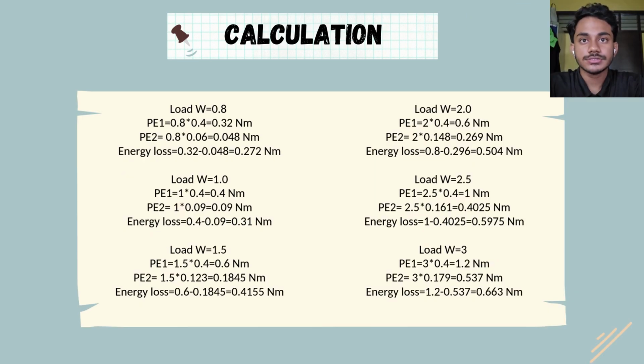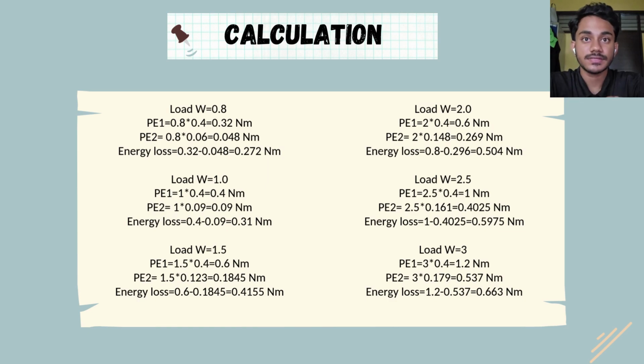For the calculation, to get the energy loss, we first have to calculate the potential energy at the initial height and the potential energy at the final height. To get this, we simply multiply the load and the height. For example, the first one where the load is 0.8 Newton: 0.8 times 0.4 gives 0.32 Newton meters, and 0.8 times 0.06 gives 0.048 Newton meters.